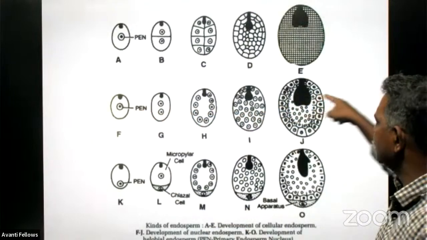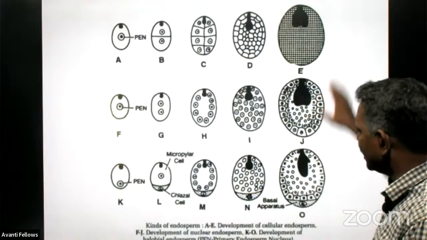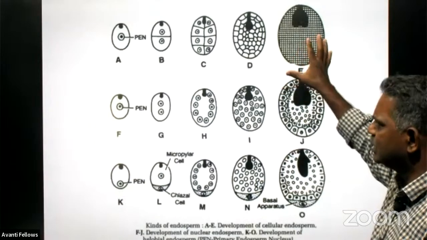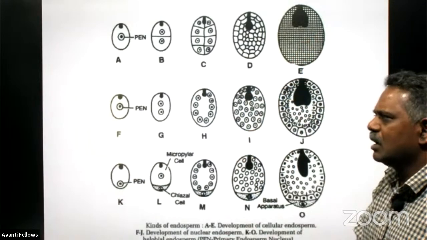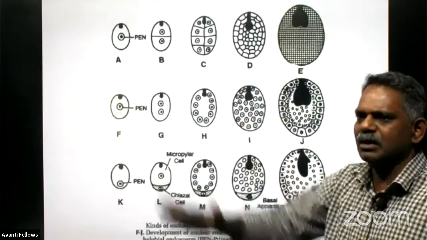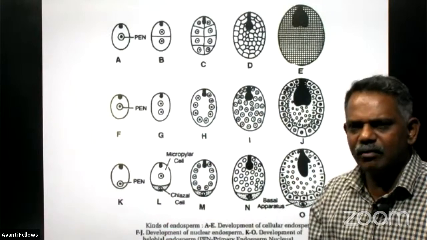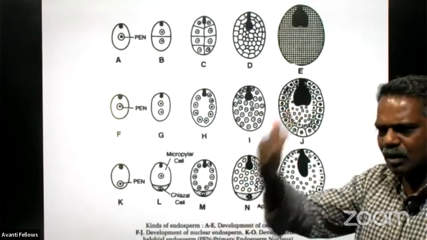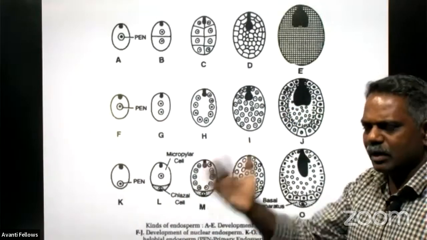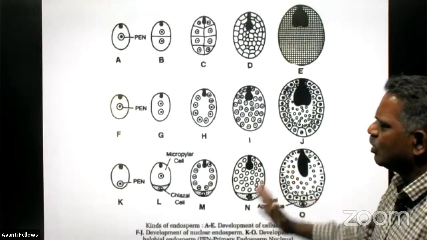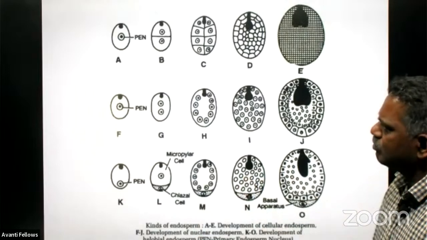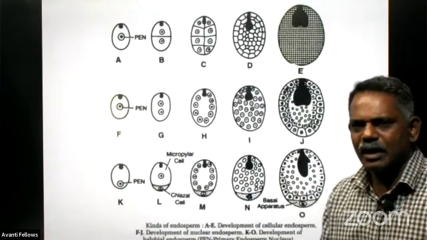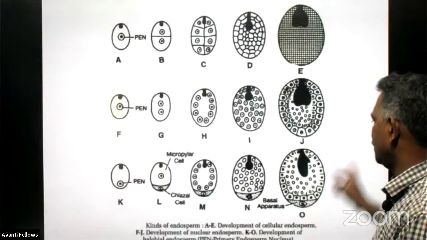There are three ways this cell divides. One is nuclear: only the nucleus divides, and later the cytoplasm divides. Then cellular: the whole cell divides. And helobial: nuclear division followed by cytoplasmic division, the combination of both the nuclear and cellular development, right?